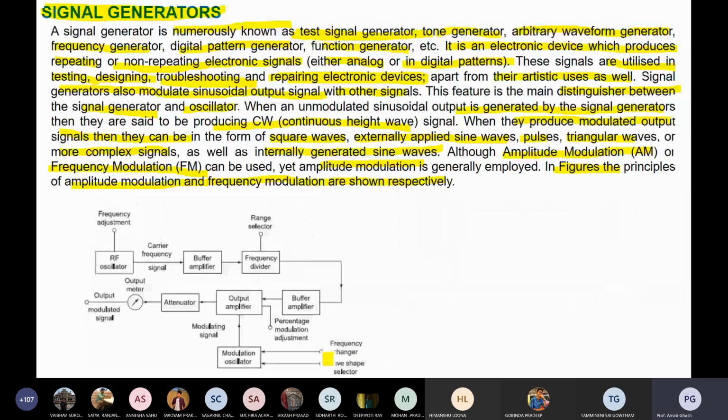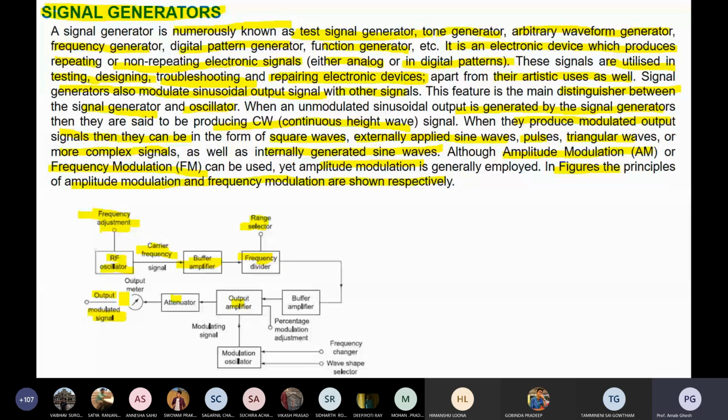So this is the block diagram of the signal generator. Two things are there: one portion for the frequency adjustment, another is the range selector. The RF oscillator means radio frequency oscillator, carrier frequency. If you change that pulse frequency, definitely all the things change. The buffer is also an important thing. Frequency driver is there, then buffer amplifier, output amplifier, attenuator, so output modulated signal.